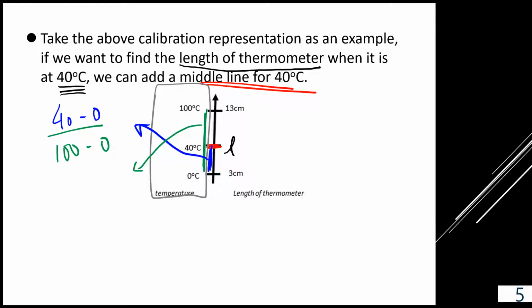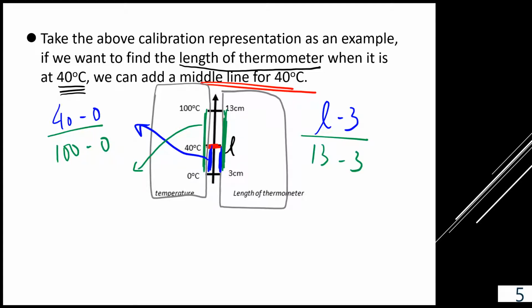So this is the ratio. For the right hand side, the ratio for the upper one is L minus 3, over the total length, which is 13 minus 3. So this part is this part, and the blue part is this part.